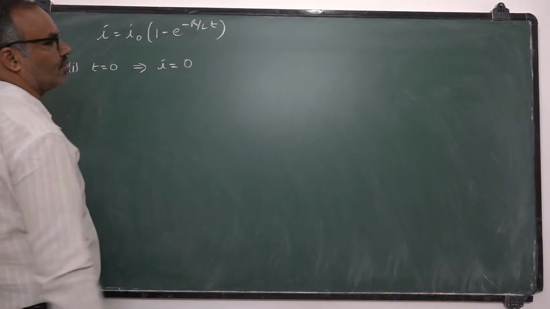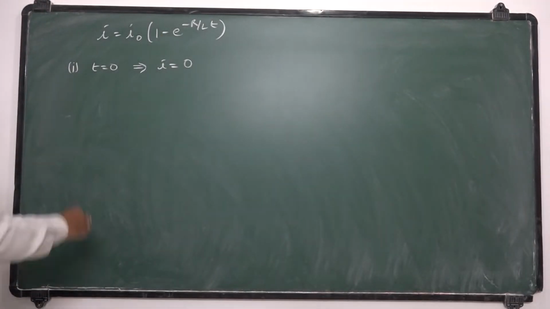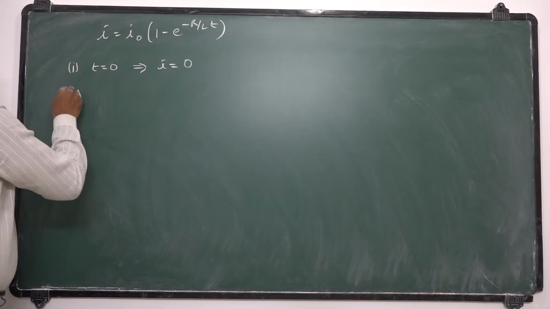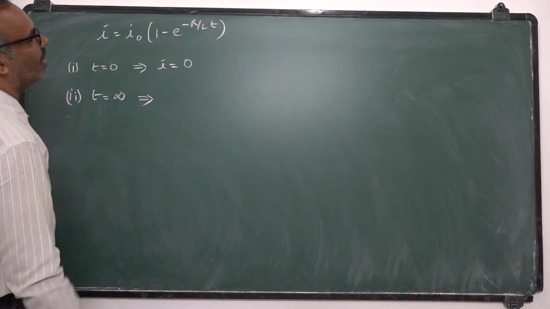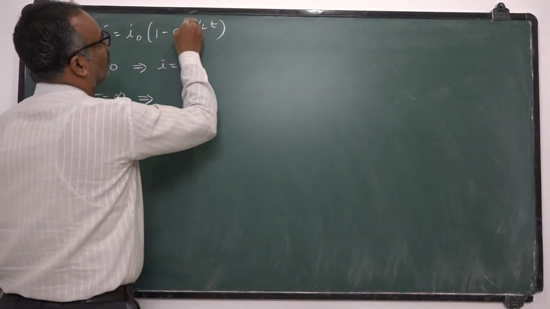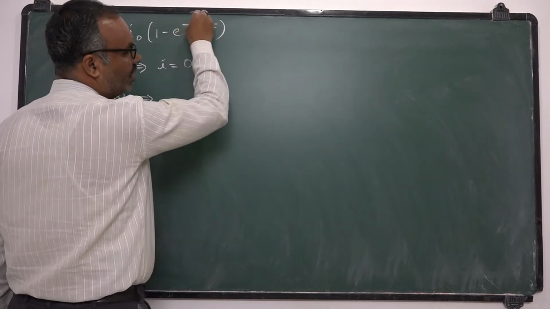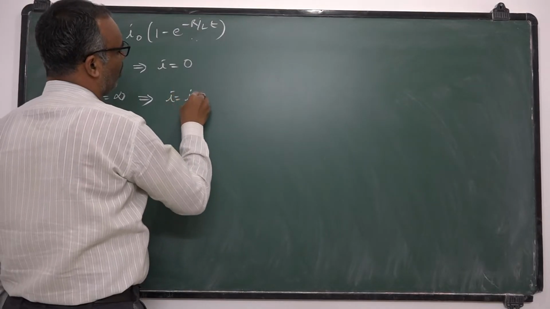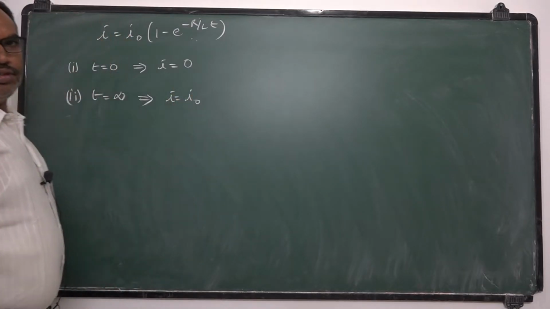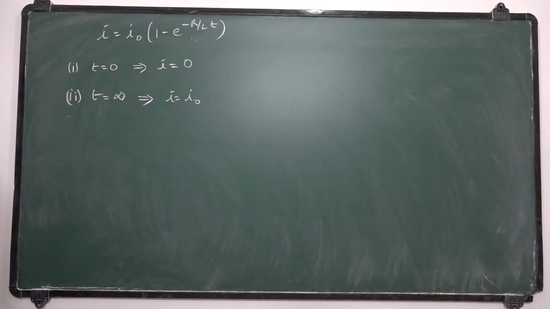So the current passing through the circuit is 0. Case number 2, if t is equal to infinity, if you wait for infinite time, 1 minus e power minus infinity, 1 by e power infinity, that is 1 by infinity, that is 0. I takes the maximum value of current in the circuit. So the current grows to the maximum value after infinite time.